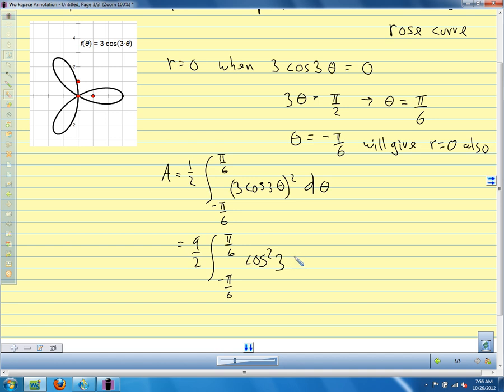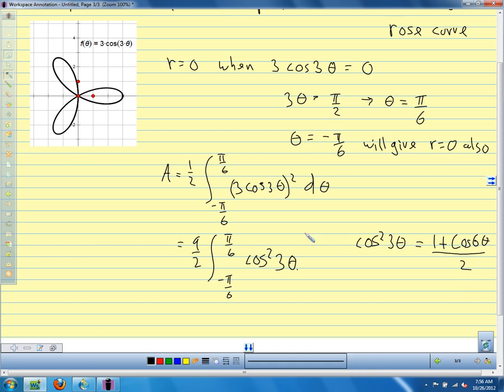So this integral, cosine squared 3 theta, we can't do a u substitution because we don't have a du. But we have a very nice trig identity. Cosine squared 3 theta equals 1 plus cosine 6 theta over 2.